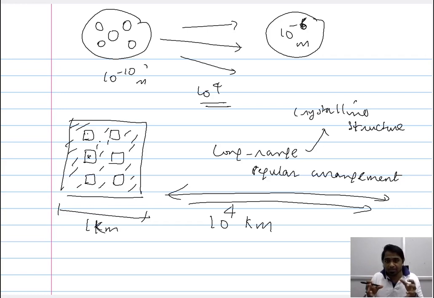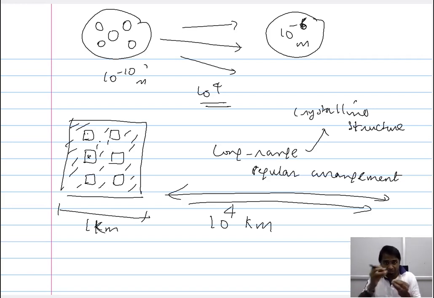What we mean by that is the fundamental entities that constitute a mineral have a regular arrangement, and this regular arrangement extends over a very long range. As we see here, it at least extends over 10 to the power 4 times its local arrangement. In terms of atoms, the local arrangement is 10 to the power minus 10 meters, and this local regular arrangement should extend to 10 to the power minus 6 meters.